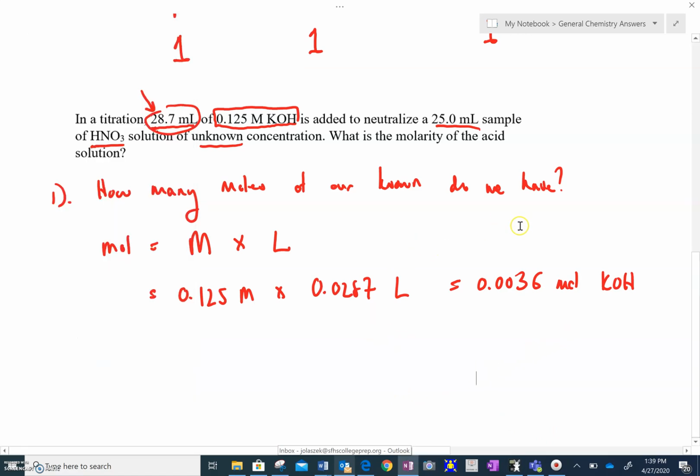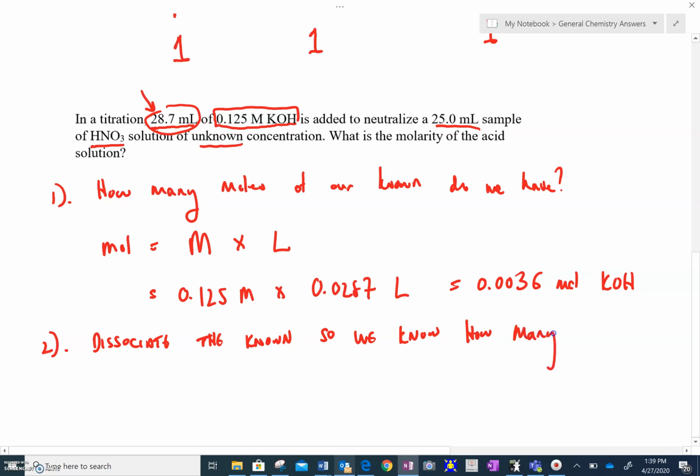Step 2: we're going to take this known and dissociate it, so we know how many moles of OH minus, or H plus if the known was an acid, we have.